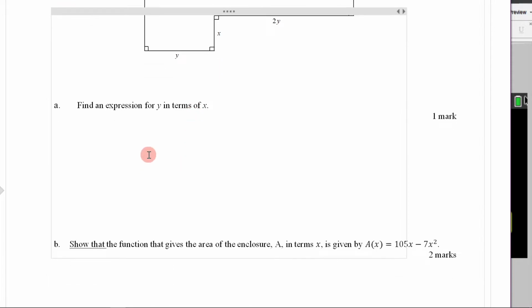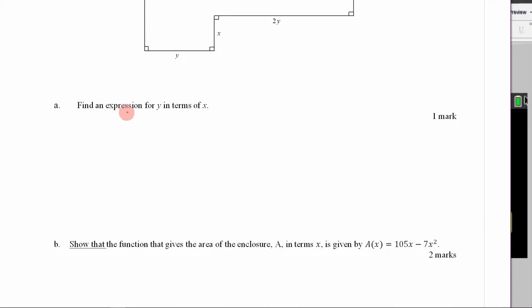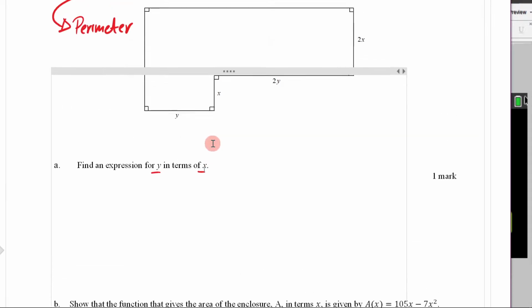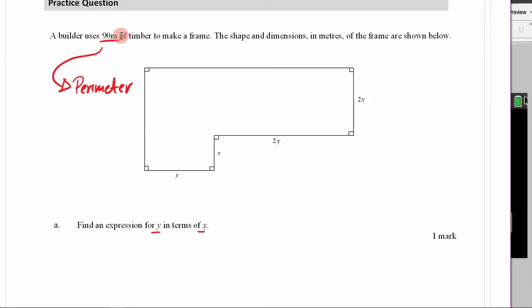All right, we continue on. It then says, find an expression for y in terms of x. We're going to use our knowledge that the perimeter is 90 meters. I'm going to add up all of these sides, and when I add them all up, it's going to be equal to 90.